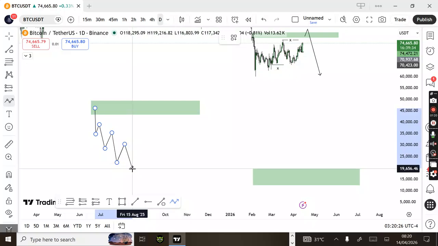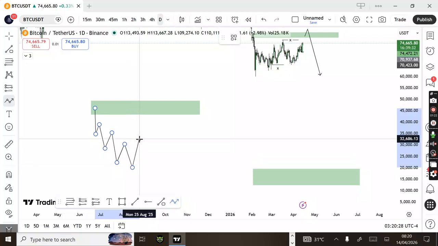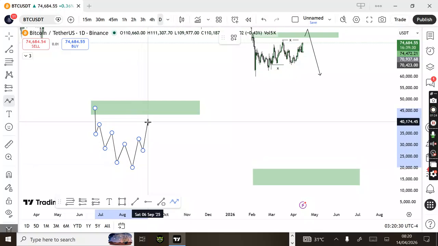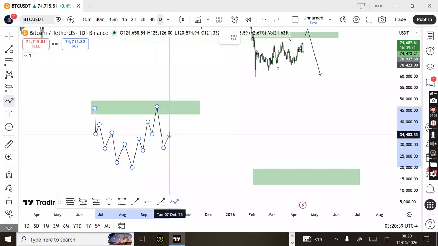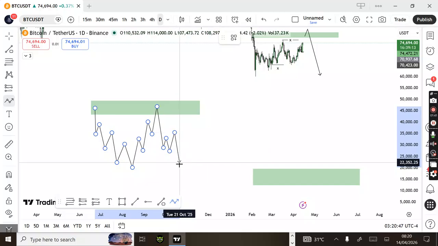The moment you start going up, you do not have to panic. Then it reaches this supply zone and starts dropping down again. While it's dropping down, it will create something like this. We receive this high, come back here and then keep going down.